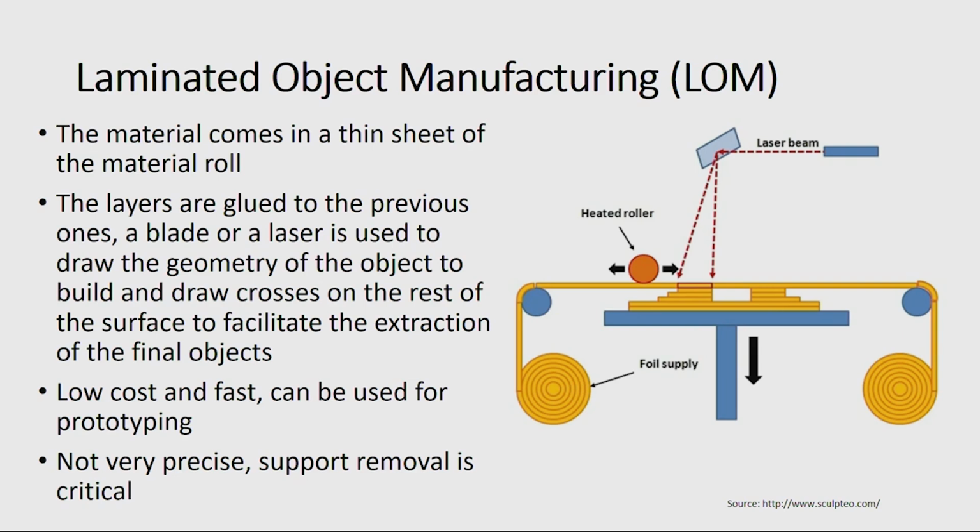Here in laminated object manufacturing, the object is made using layers of thin sheet from some material roll. This can be paper or plastic. Here you can see there are two rolls. One is the foil supply, and the roll on the right side is the waste collection, and there is a heated roll.